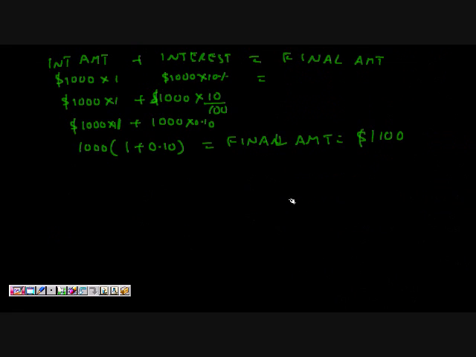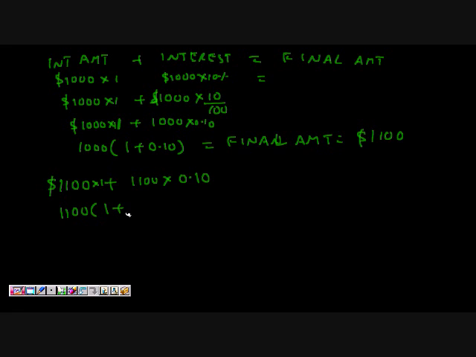Now if you're calculating interest on this, so let's say we calculate interest on that. So that's initial amount is $1,100 plus 10% of 1,100 into 10%, we can write it as 0.1. So if you write 1,100 common, 1 plus 0.1.